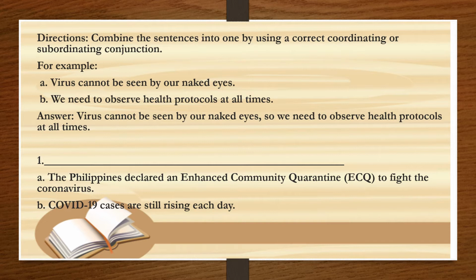So, number 1. Letter A sentence: the Philippines declared an enhanced community quarantine or ECQ to fight the coronavirus. Letter B sentence: COVID-19 cases are still rising each day.